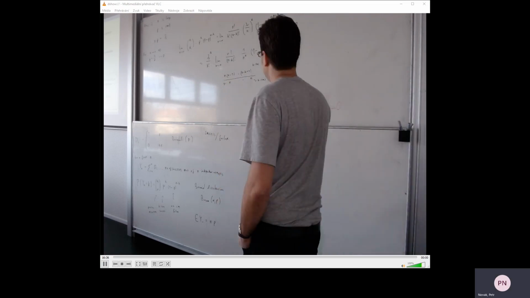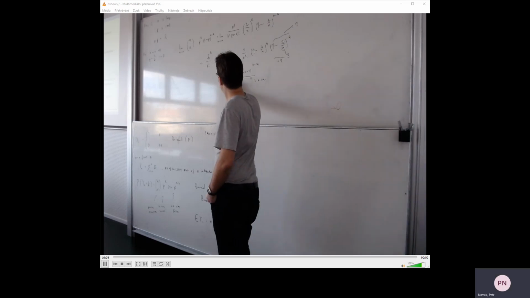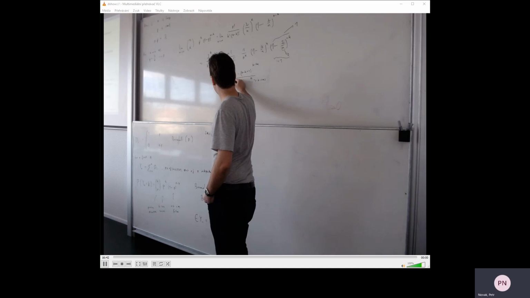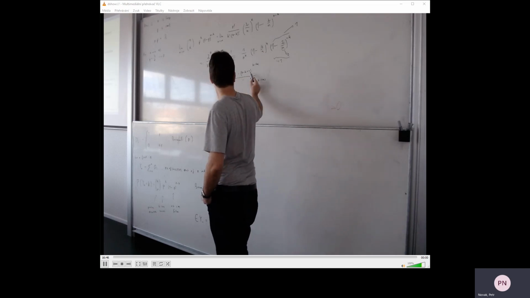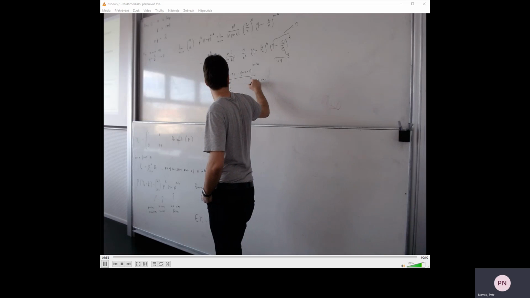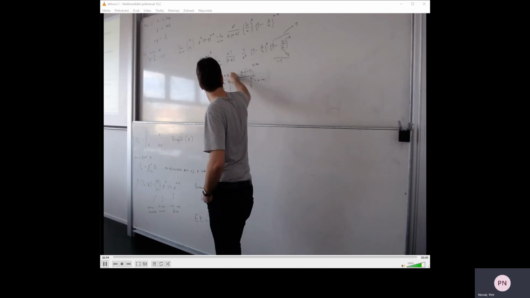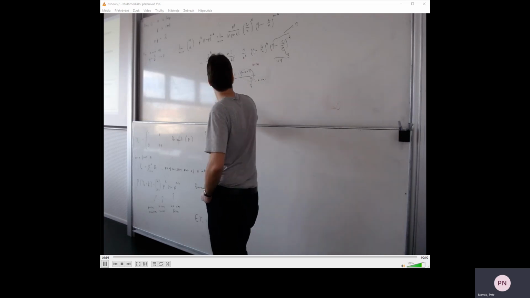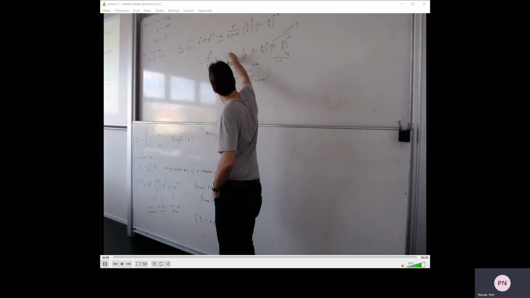And we know that n over n gets us a 1. n minus 1 over n gets us a 1 in the limit. n minus k plus 1 over n still gets us a 1. So all this part goes to 1.